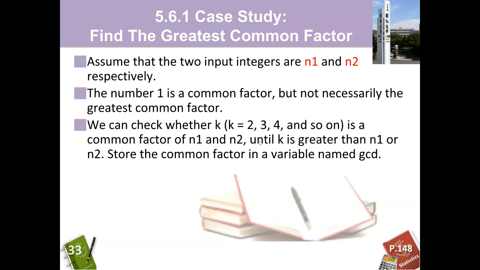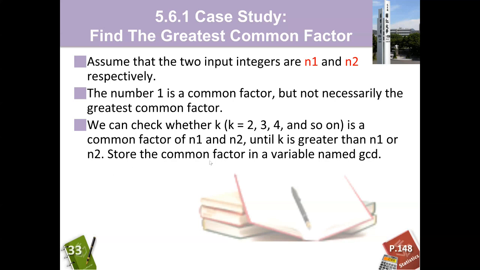And when will it stop? Because the divisor has to be smaller than or equal to the number, until k is greater than n1 or n2, then the while loop will stop.